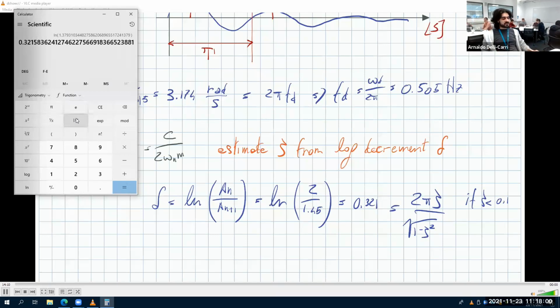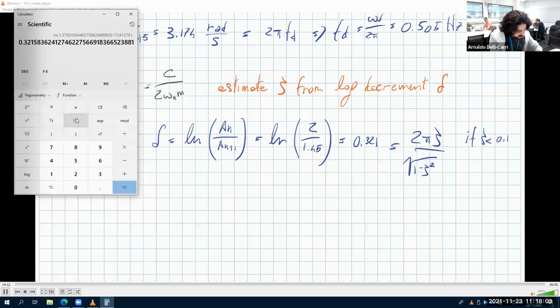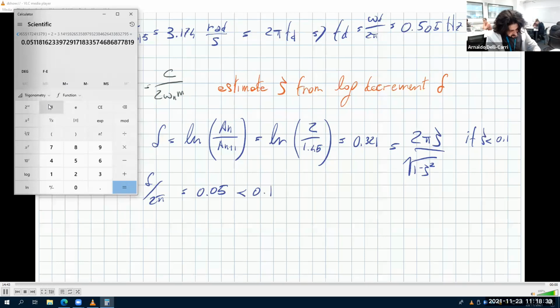So let's use 2 pi zeta, so zeta is approximately delta divided by 2 pi, 0.321 divided by 2 divided by pi, which gives 0.05. Since it's smaller than 0.1, that's fine. Okay, good.